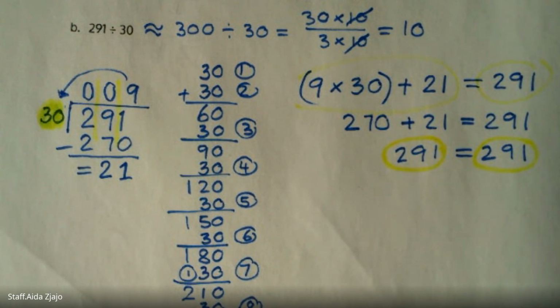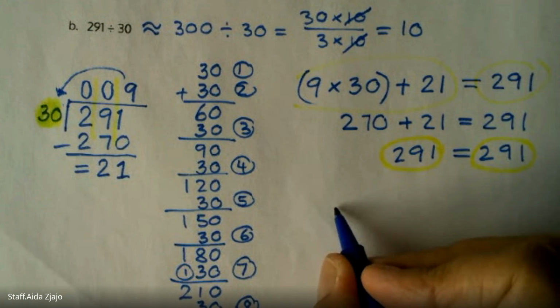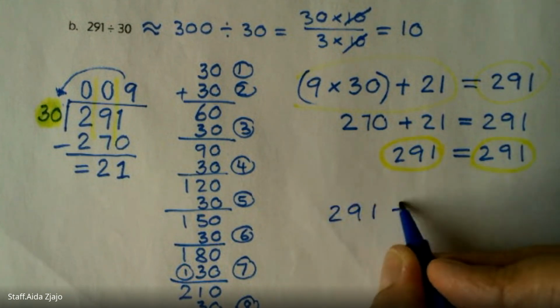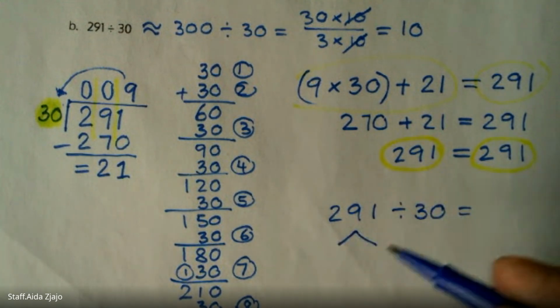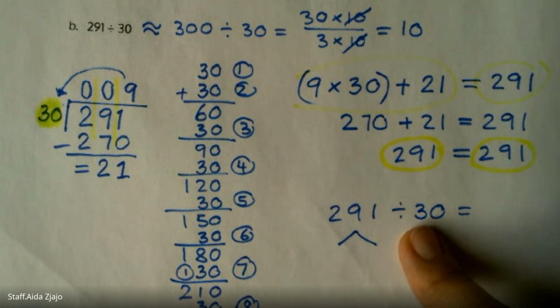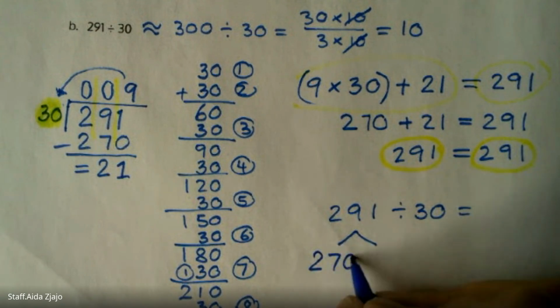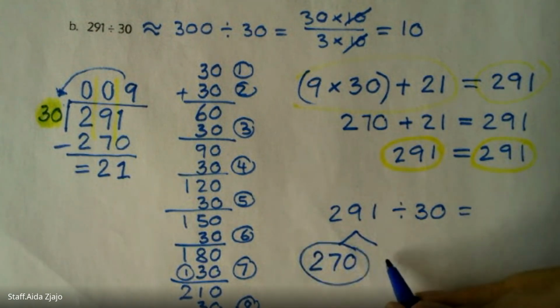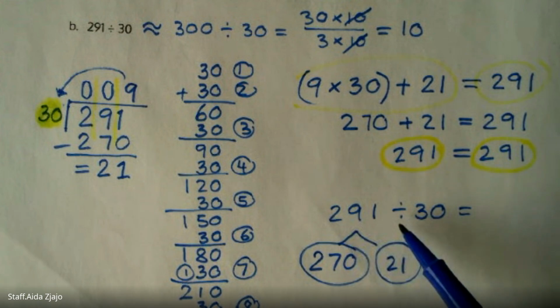You could also think of it by unbounding this number. If I have 291 divided by 30, I will think to decompose this into something divisible: 3 times 9 makes 270, so I'm going to decompose this into 270 plus 21, which makes 291.